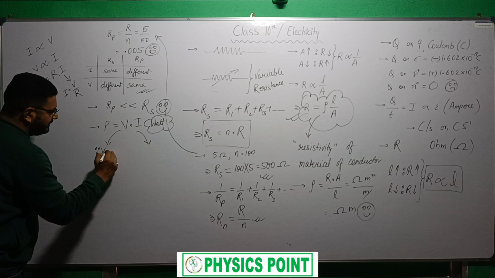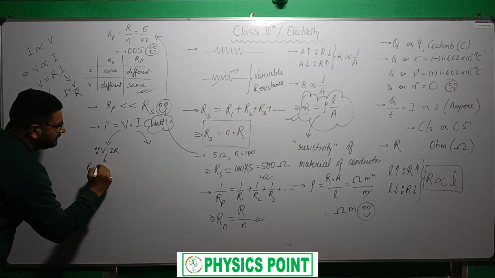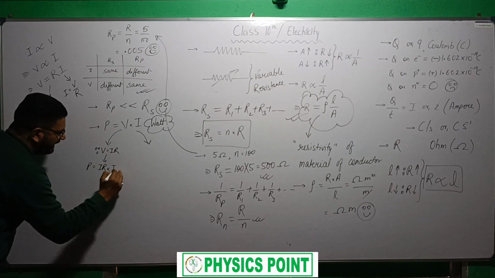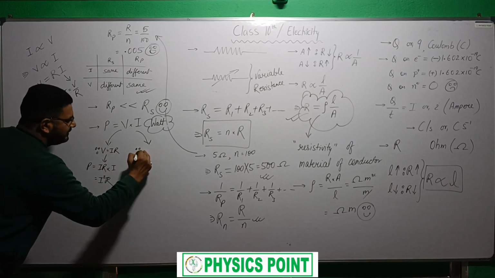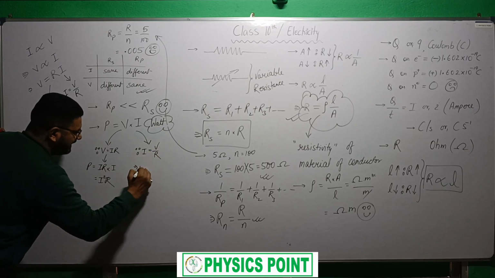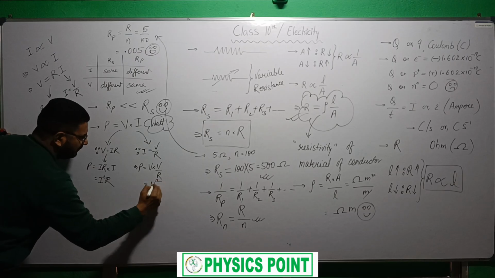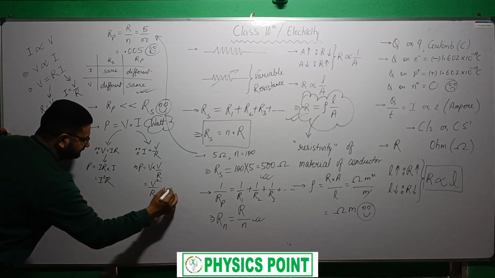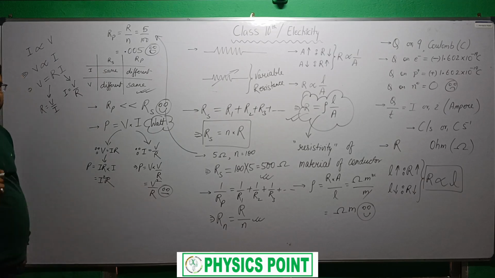If we use V equals IR, then power equals I into IR, that is I square R, and if we use I equals V by R, then power equals V square by R. So we have three formulas for electrical power.